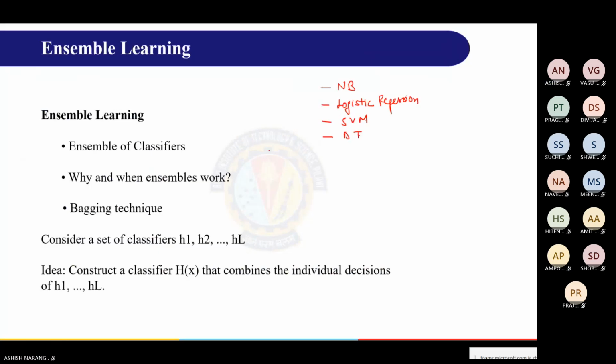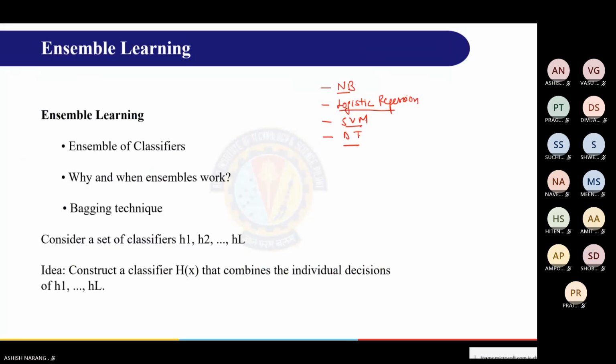Now, what is ensemble? Let me put it in a different way. If I use any of these classification models on a particular data set, which one will give me the better results?